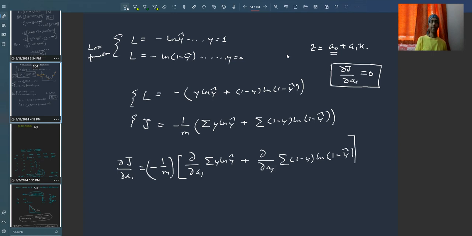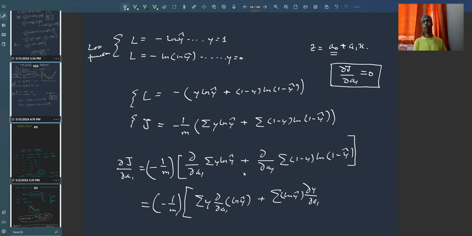This is the ultimate expression, friends. Now we can further simplify this. This means sum of y del y hat by del a1 plus sum of ln y hat into del y by del a1, because when you are doing, let's say, del by del x of pq, the expression goes like this.